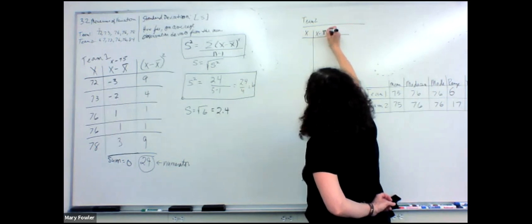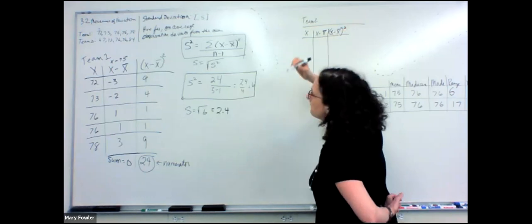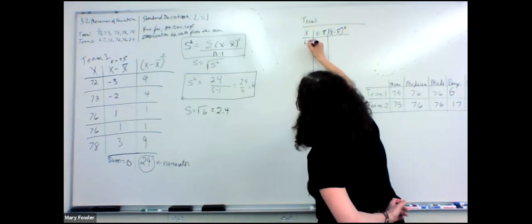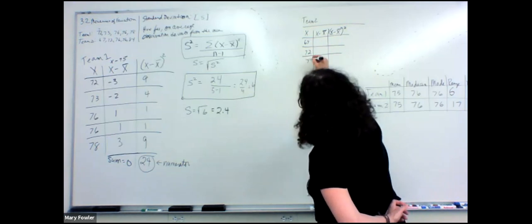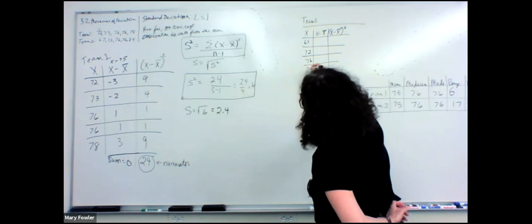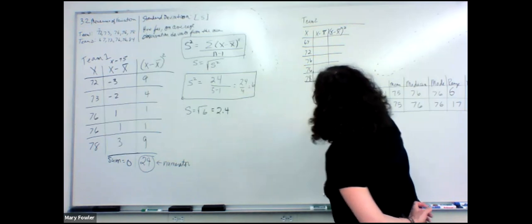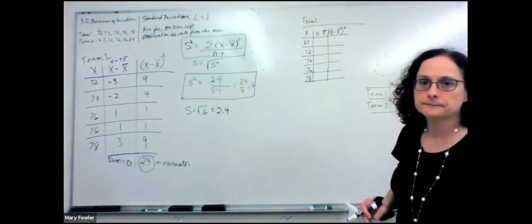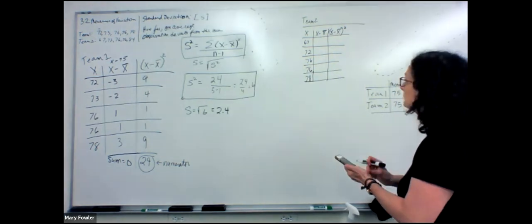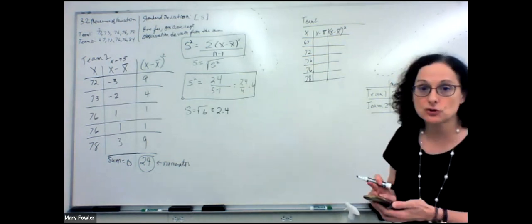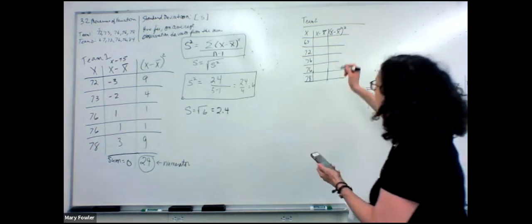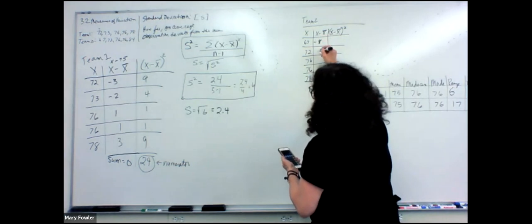You can refer back to the standard deviation for team 1 calculation and just go through the same process. Remember that the mean for team 2 was also 75. So we're looking at deviance from the mean.